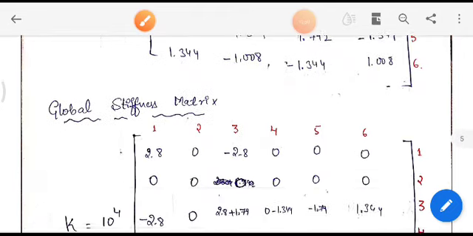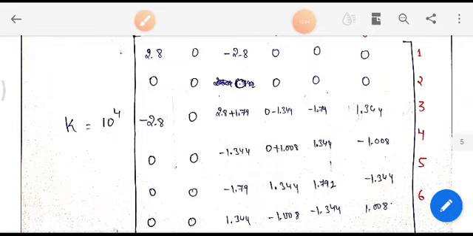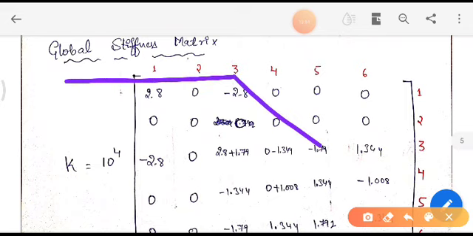Once we do that, the next step is to form the global stiffness matrix, as we have already discussed how to form the global stiffness matrix in the previous videos. You can watch over there. Otherwise, see here, since we have a truss element like this, here we have node 1, node 2 and node 3.